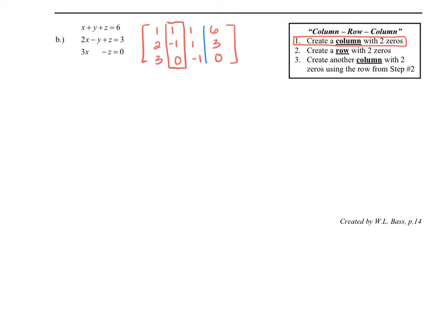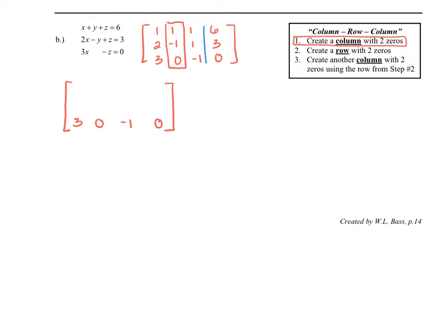I like to always think about what rows I want to keep the same. So when I'm looking at this, I know for sure that I want to keep the row that has this 0 in it. I'm going to keep this one exactly the same. So I'm going to write that one down immediately to help keep my mind straight on what's going to stay the same and what's going to change.